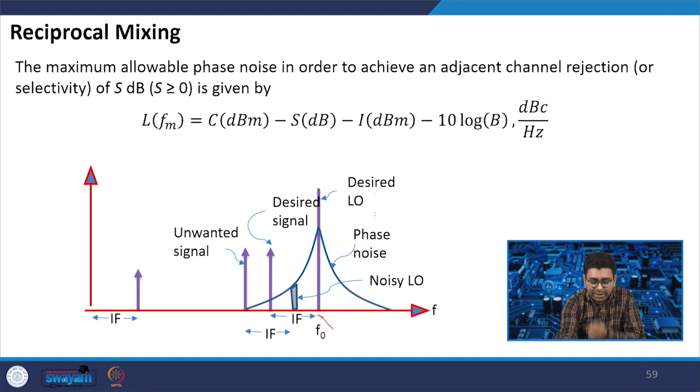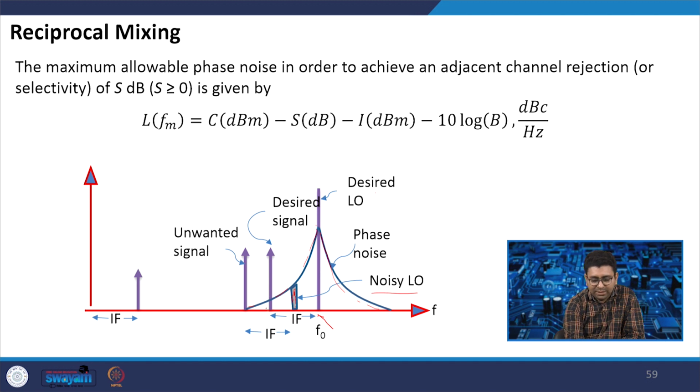This is the desired LO frequency, but due to phase noise the LO frequency looks like this, and due to this noisy LO there is another component at some delta omega distance.